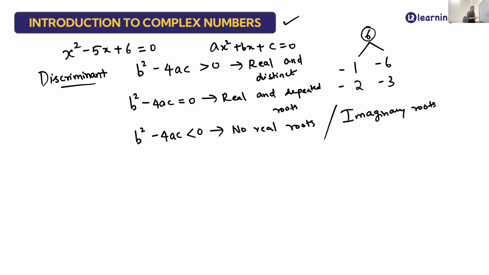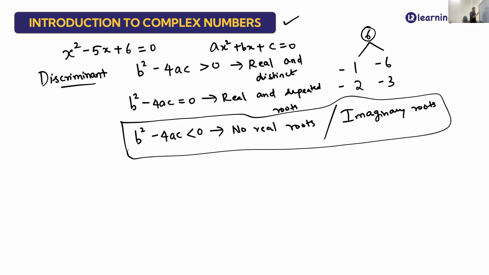So this concept of the discriminant being less than 0 and generating imaginary roots gave rise to the concept of complex numbers. Basically, complex numbers are those numbers where you have a combination of a real and an imaginary part. Okay, let me explain what it means.